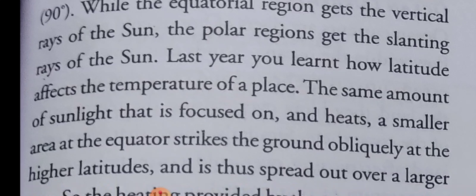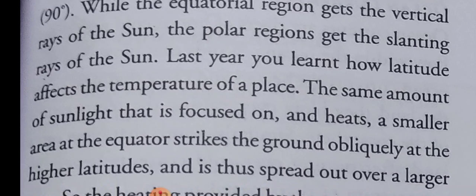The places near the equator receive more heat and have high temperature. Why do they have high temperature? Because the rays cover a very small area at the equator.